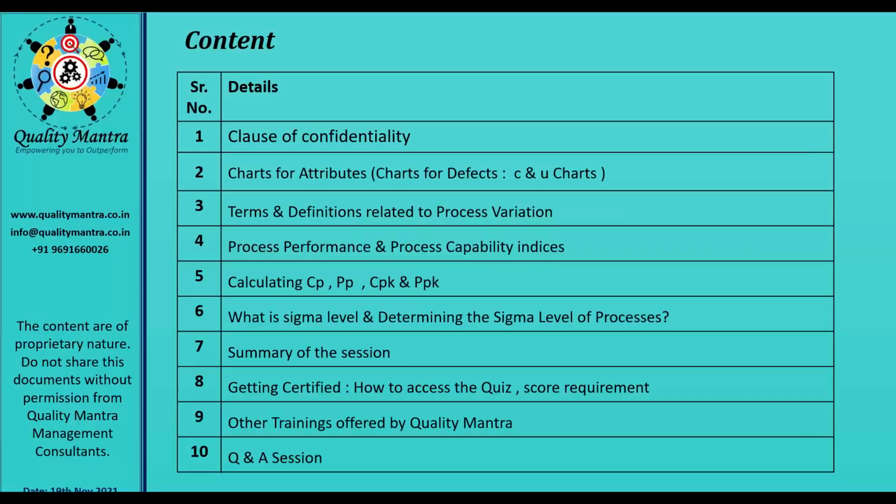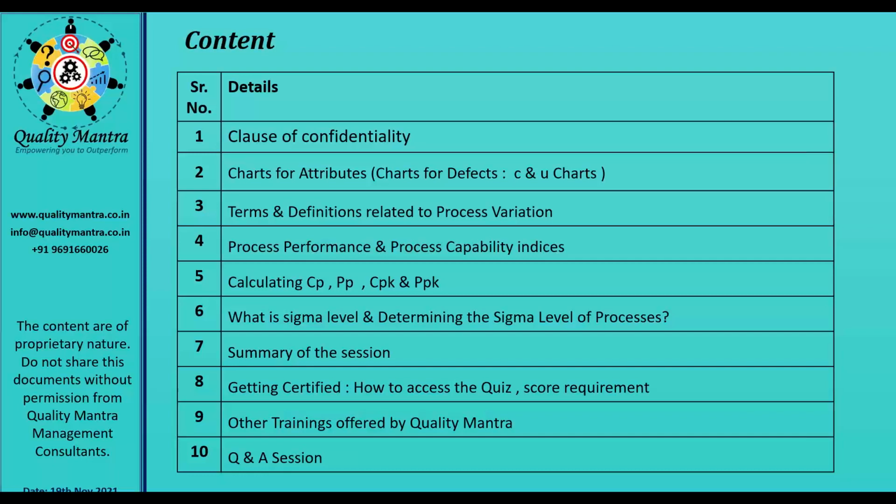In today's session, after the clause of confidentiality, we will continue with the charts for attributes. Yesterday we have seen the NP and P chart, which are charts for attributes and which are used for the defectives. So today we are going to cover C and U chart, which are used for the defects.